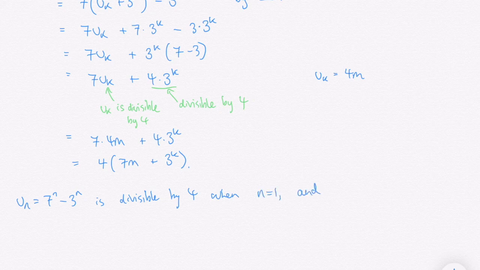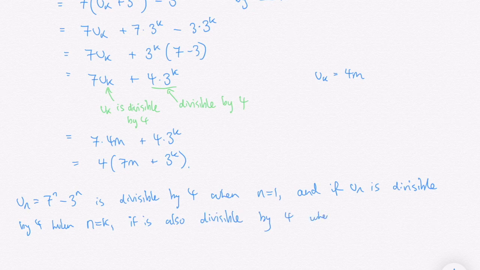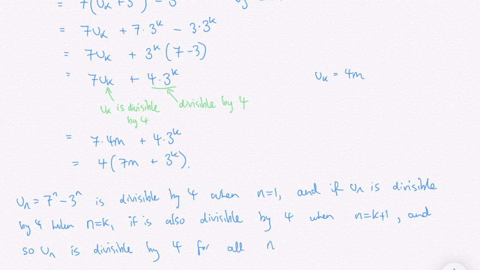And if u_n is divisible by 4 when n equals k, it is also divisible by 4 when n equals k plus 1, and so u_n is divisible by 4 for all integers n greater or equal to 1.